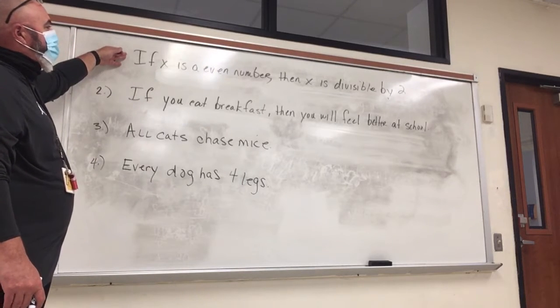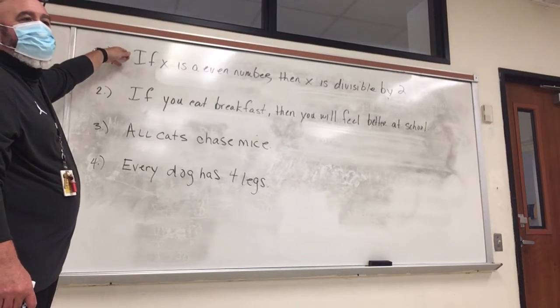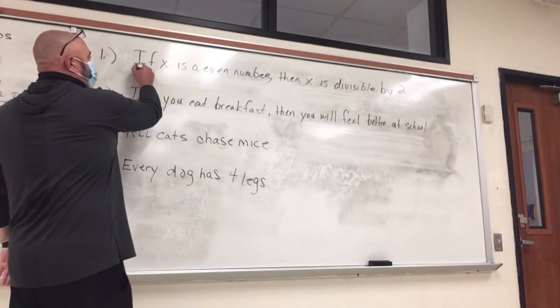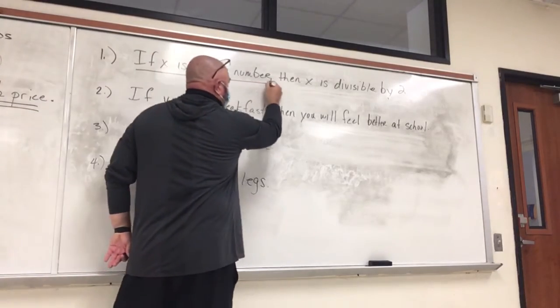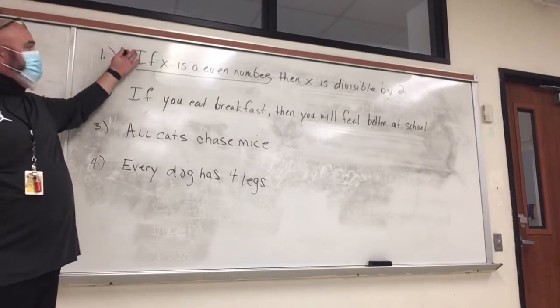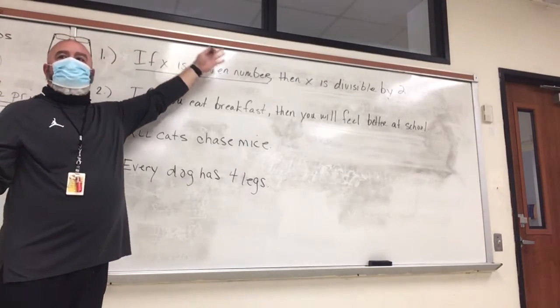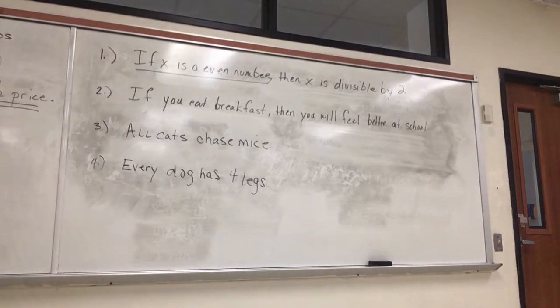If x is an even number, then x is divisible by 2. What is the hypothesis? If x is an even number is the hypothesis. So, the hypothesis is the if statement.